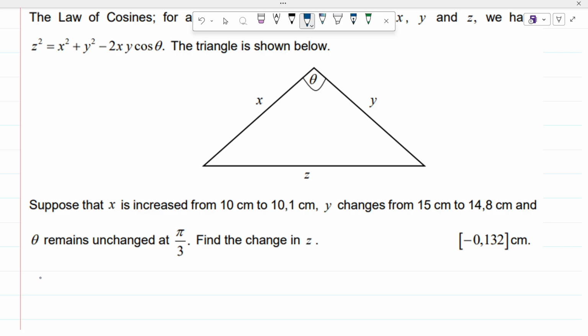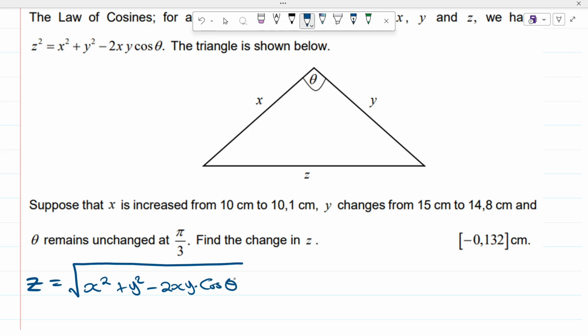When I do that, I will end up getting that my z is equivalent to root of x squared plus y squared minus 2xy cos of theta, just like that. So now we can differentiate, right?